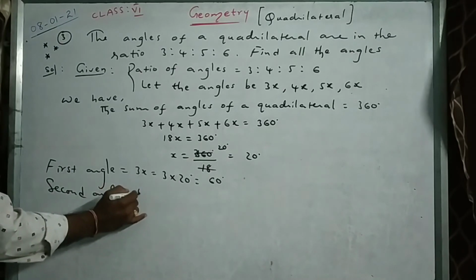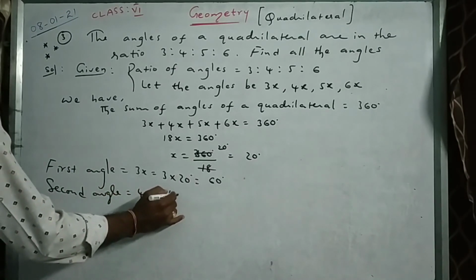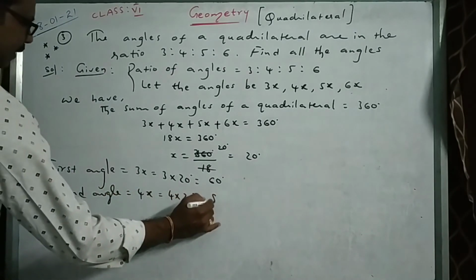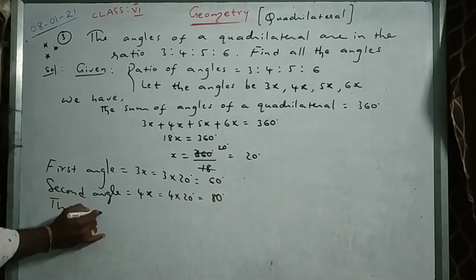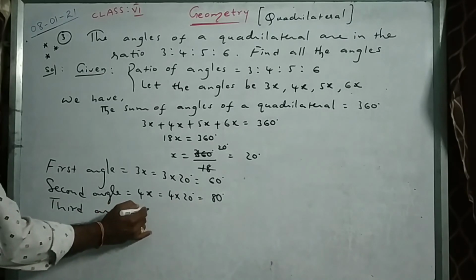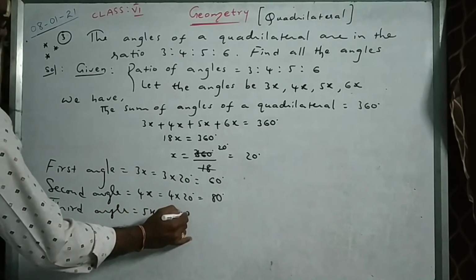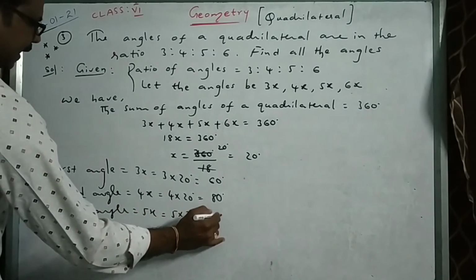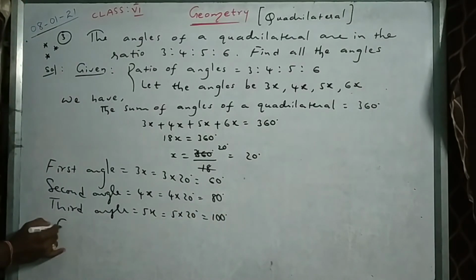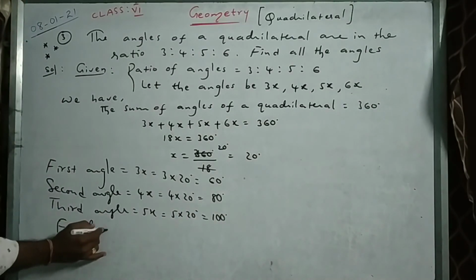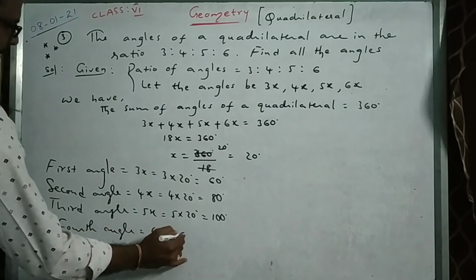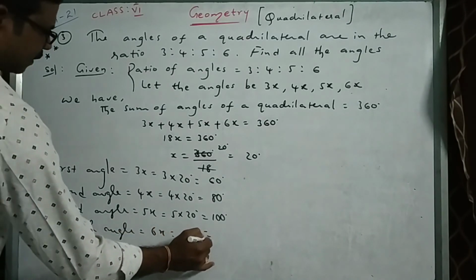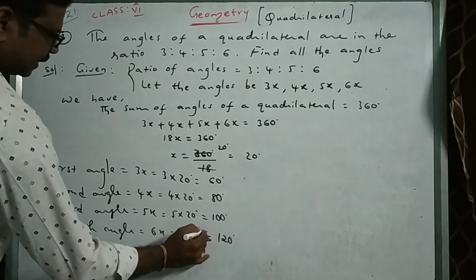Second angle: 4x, 4 into 20, 80 degrees. Third angle equal to 5x, 5 into 20, 100. Fourth angle equal to 6x, 6 into 20, 120 degrees.